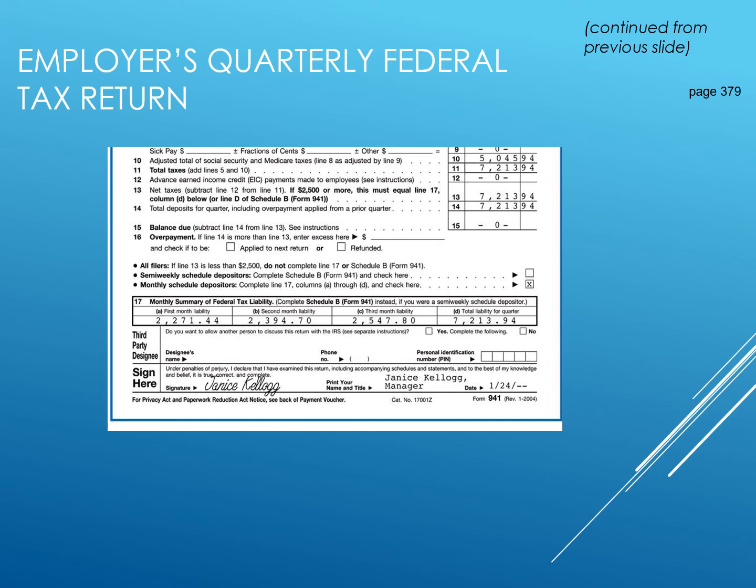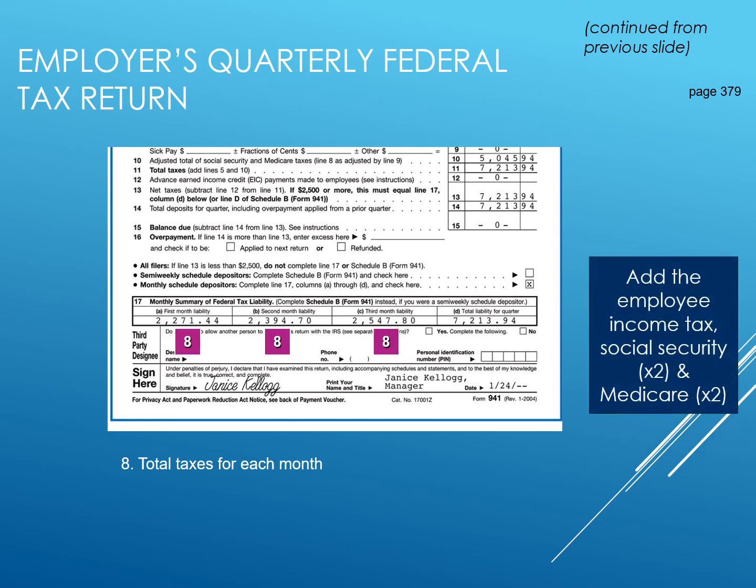We need to calculate the total for each month. The total taxes include employee income tax, Social Security multiplied by 2 so that we cover both the employer and the employee portions, and Medicare multiplied by 2 to cover the employer and the employee portions.